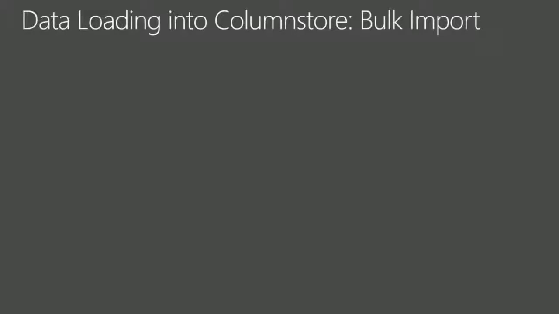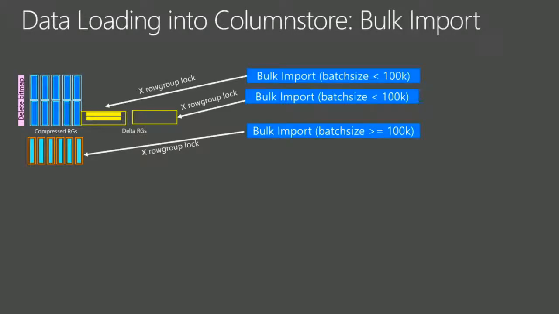Now let's talk about the bulk load. In the bulk load, this is the common case for data warehouse. So what I'm trying to show here is, let's say I do a bulk load with a batch size of less than 100,000. So I'm saying bulk load into this ColumnStore table, batch size is 20,000. Now as I said, we do not compress rows that are less than 20,000 if we can help it, right?